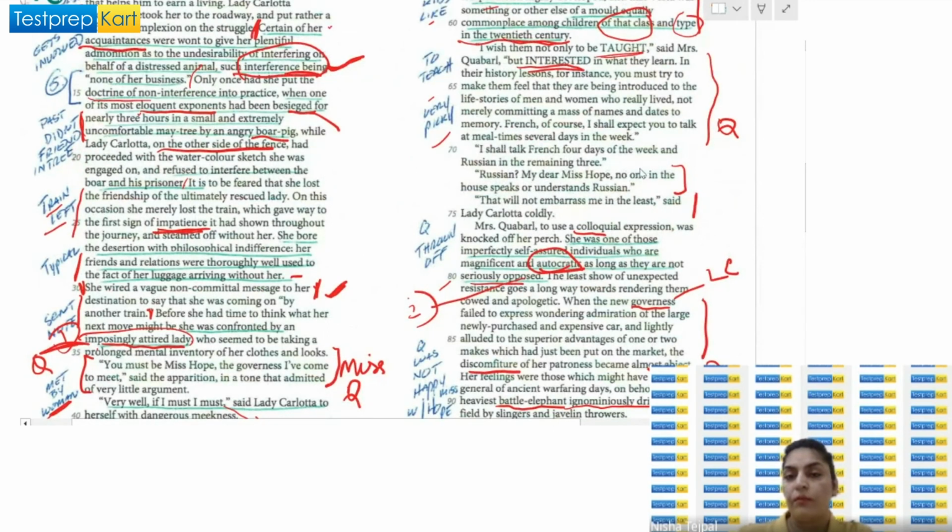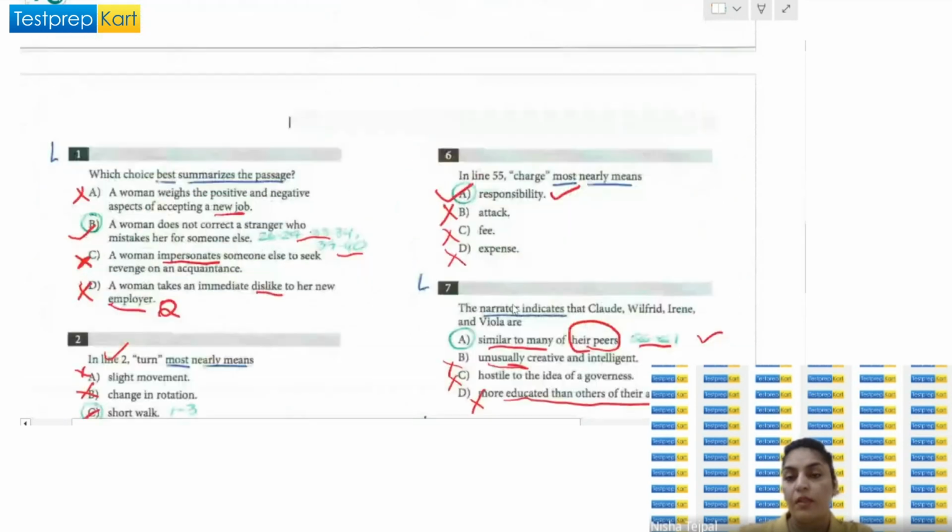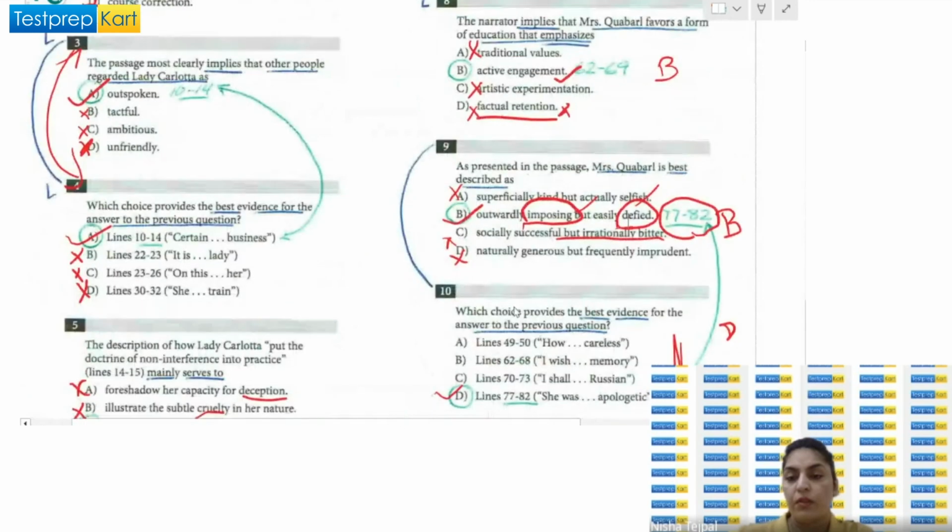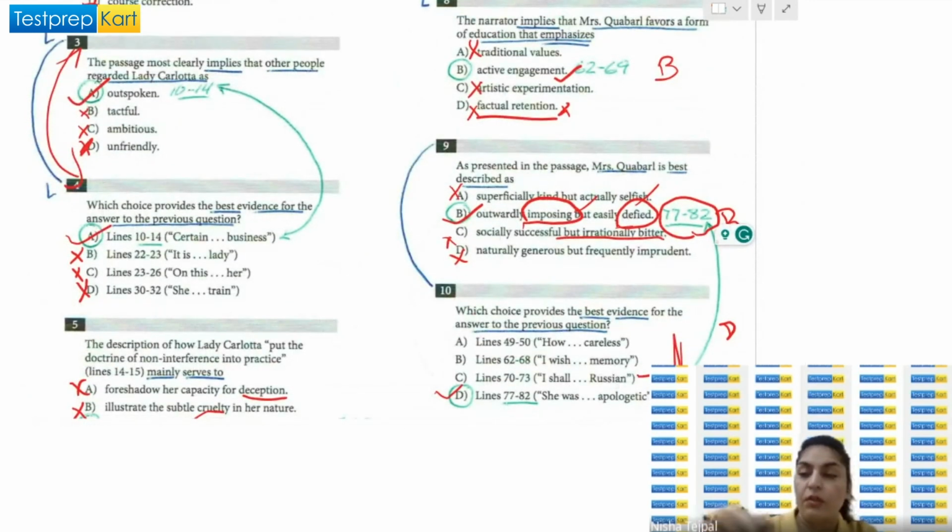So here, this is Russian, my dear Miss Hope. No one in the house speaks or understands Russian. So this is about the I shall Russian line. Here, Miss Quabal is not dominating. She is just telling that we do not speak this language in our house. So this is not showing that she's imposing. She's not imposing anything here.